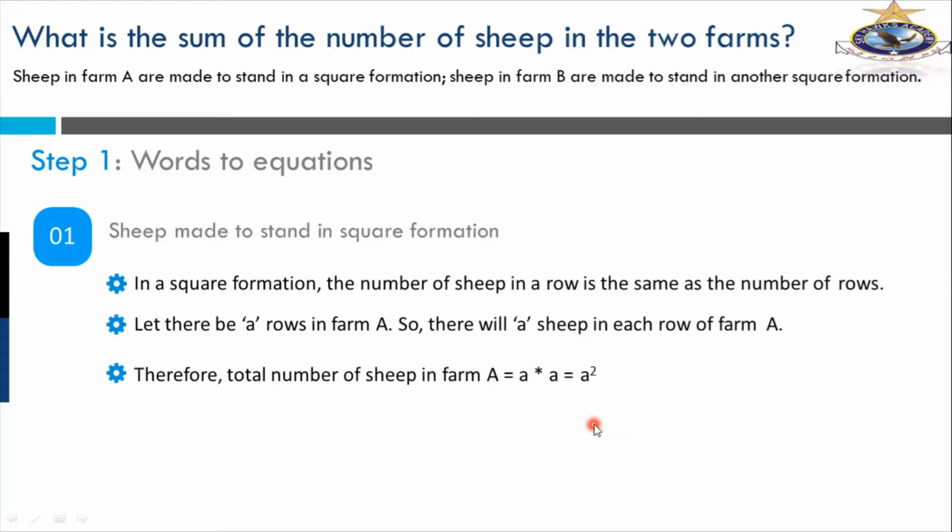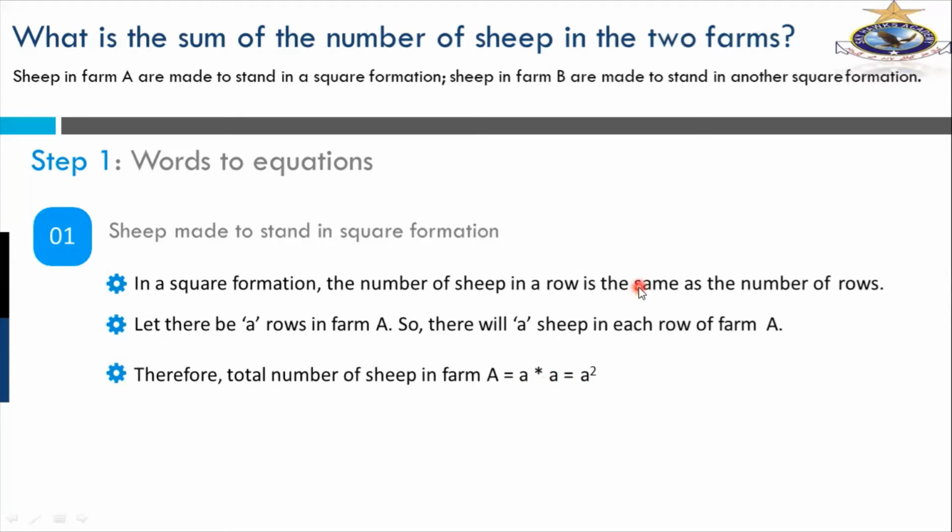If you can find the number of rows, you can find the number of sheep in each row. So you will have to multiply both the same things, and you will get the square in mathematical form. I'm sure you are getting these lines. We are just transforming it into the mathematical format.